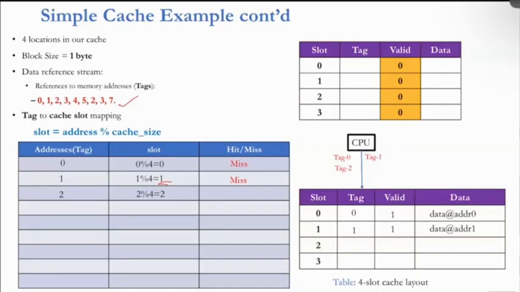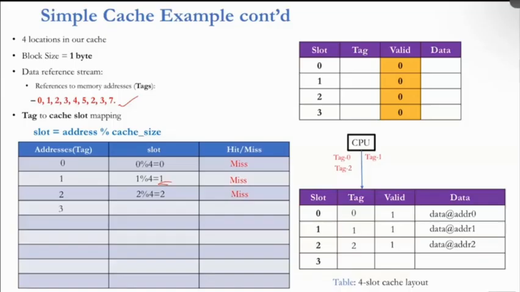Then for cache identification, the incoming tag is compared with the slot 2 tag, and there is a cache miss. Then the cache placement policy takes place. Fetch block 2 and load a copy in the data field of slot 2, set the valid bit to 1, and update the tag field of the frame with the cache line address, that is 2.